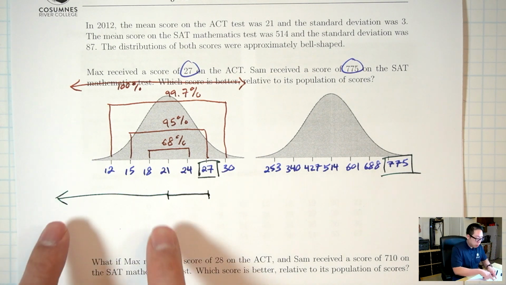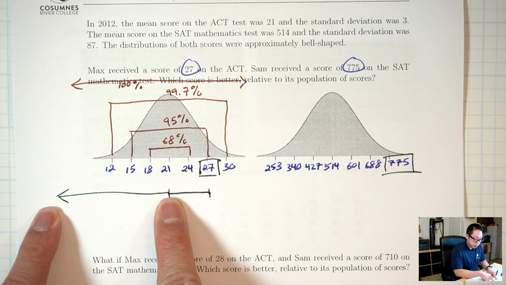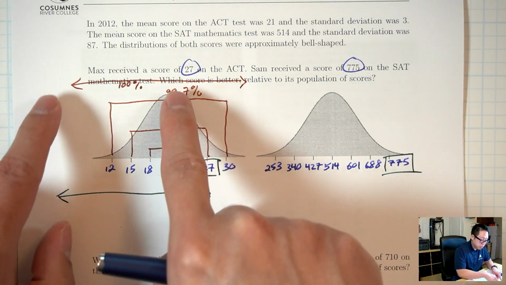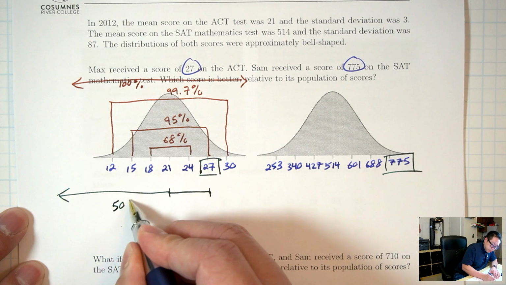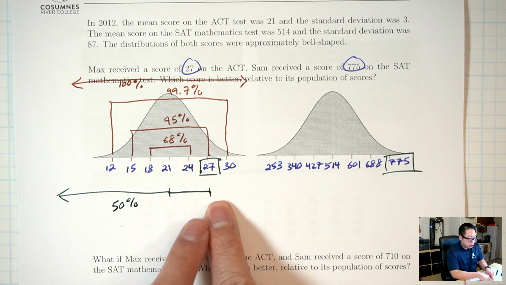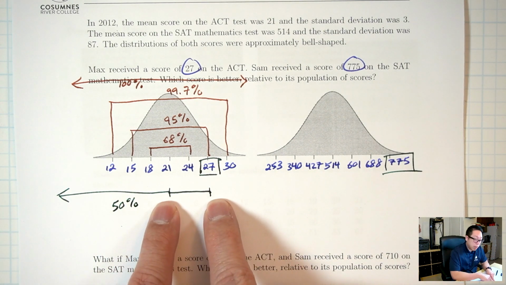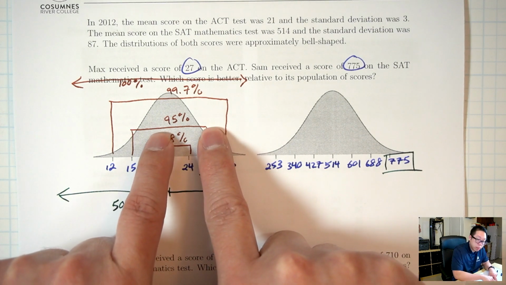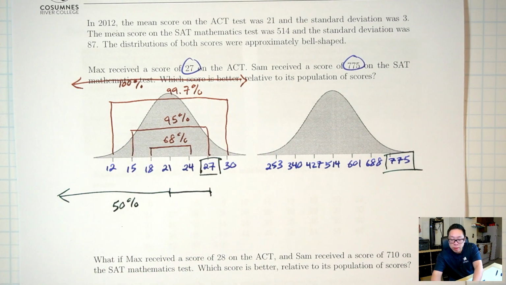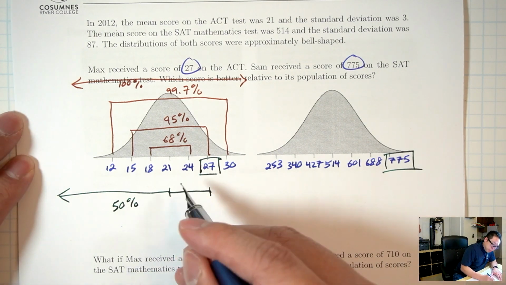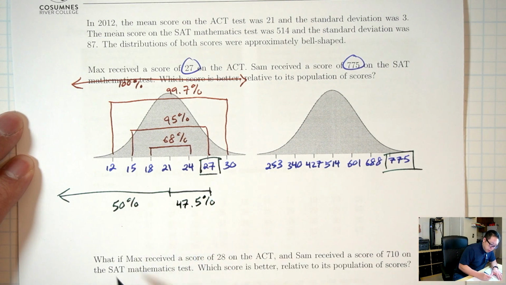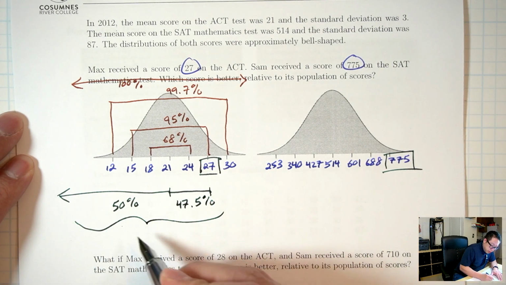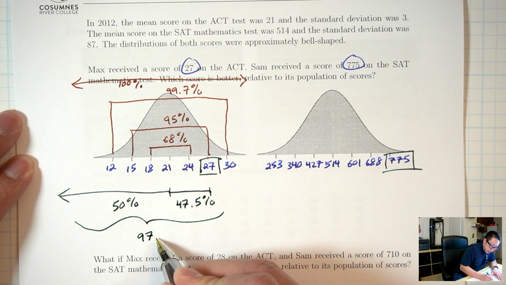Okay, middle all the way to the left should be half of 100%, which is 50%. 27 to the middle should be half of 95%. So half of 95 is 47.5. Okay, so together, this is 97.5%.